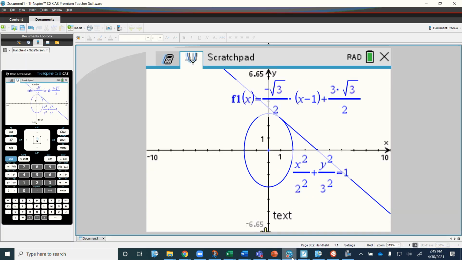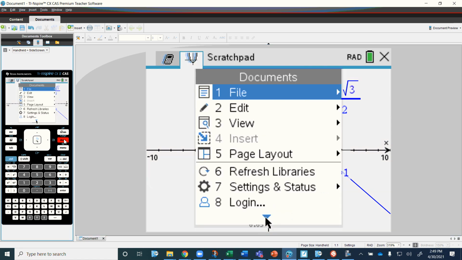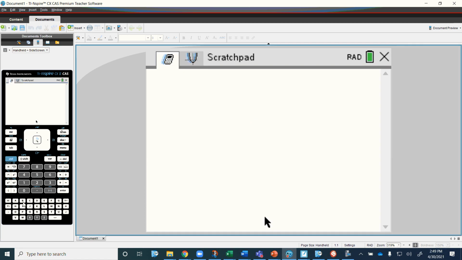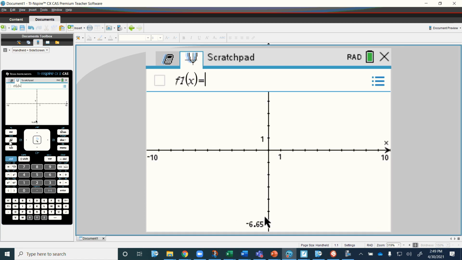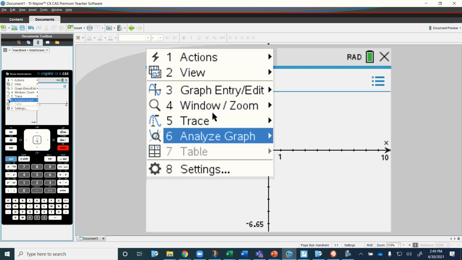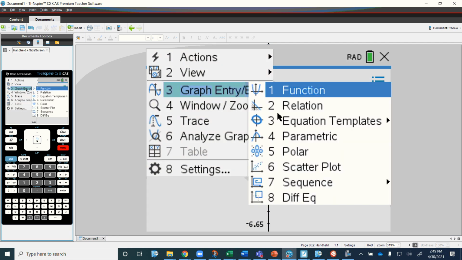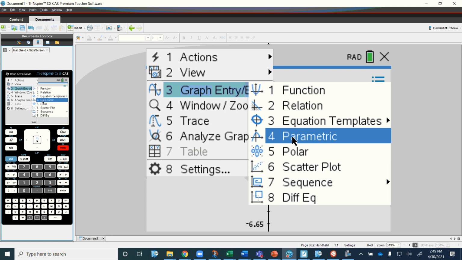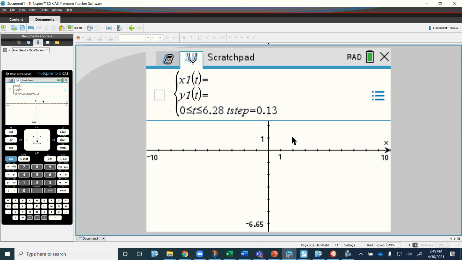So if I go to my calculator here, let's just clear it off and go to something else. The parametric equation that we have, we're going to go to menu and graph, and we're looking for a parametric function.